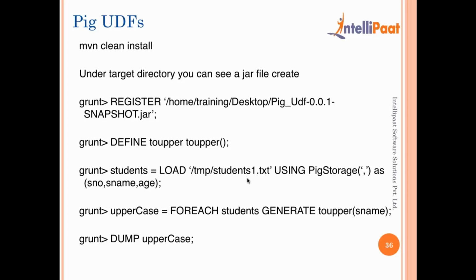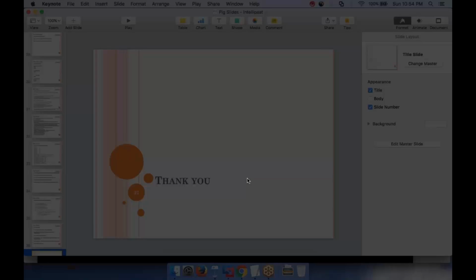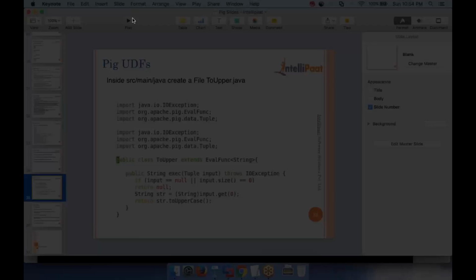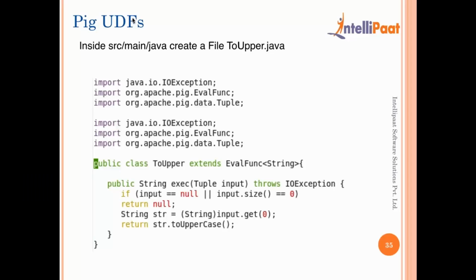Hi. My question is, can you go to the Java class? I can see that the eval function is a generic class, and the string is nothing but the output of that exec method, correct? Correct, it takes a template actually. And the input parameter of this method is tuple only, right?